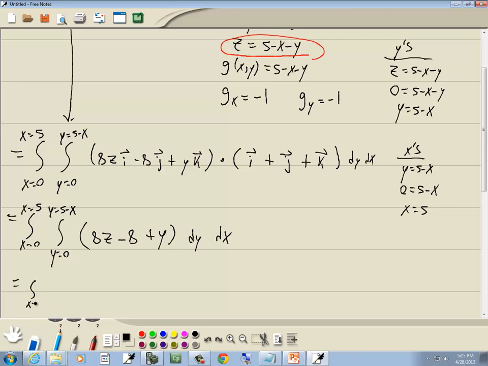So we got x is equal to 0 to x is equal to 5. y is equal to 0 to y is equal to 5 minus x. And so then we're going to have 8 times z, which is 5 minus x minus y, minus 8 plus y, dy dx.